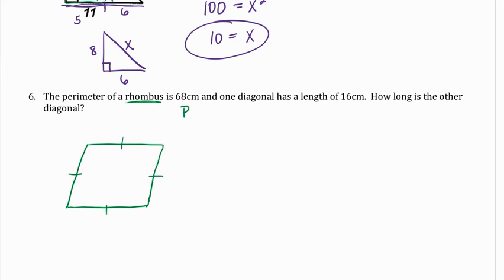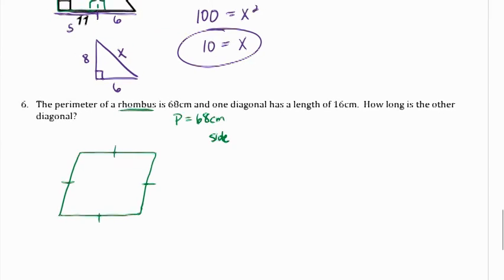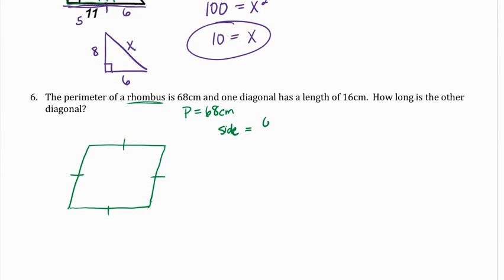So if the perimeter is 68 centimeters, then a side would be 68 divided by 4, because all four sides are the same. 68 divided by 4 gives us 17. So all four of these sides are 17.